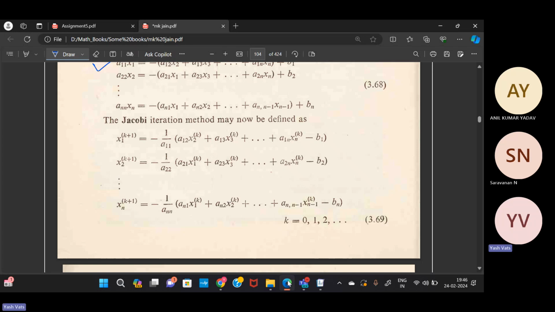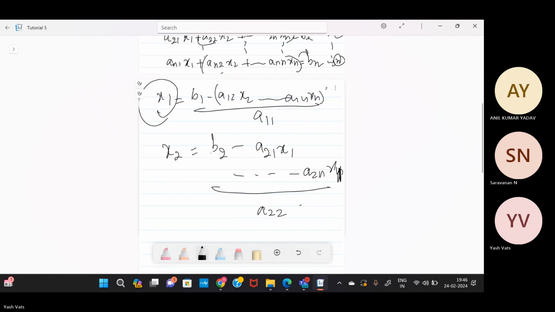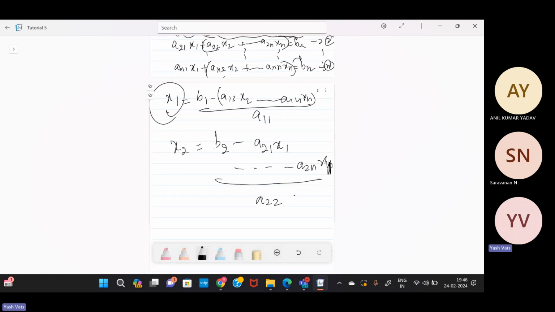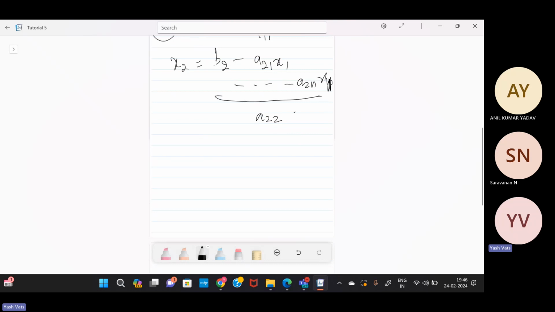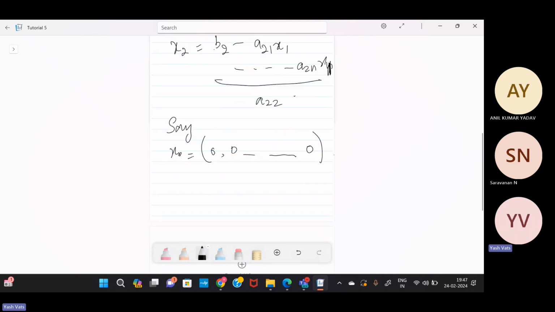No, it's not. Okay. So you are not using a base. What happens in the Gauss-Jacobi method is that you give an initial seed. You start from some vector, say 0, 0, 0, or some vector, and then this is x1, this is x2, this is xn.